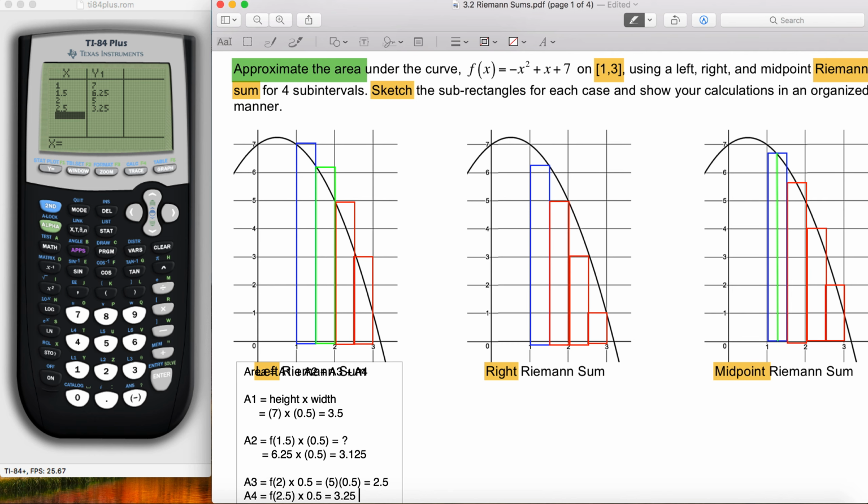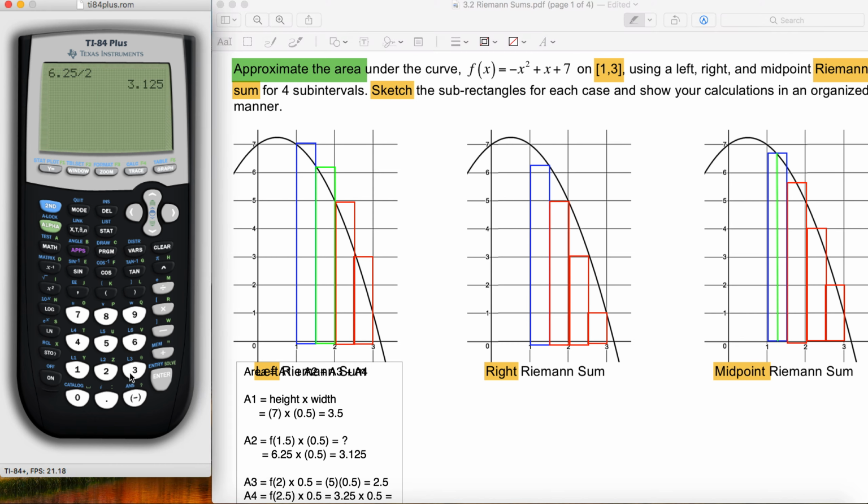So 3.25 times 0.5, just to double check, is equal to 1.625.